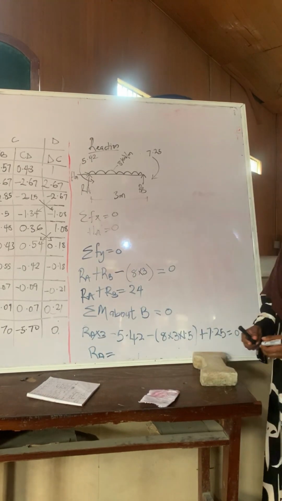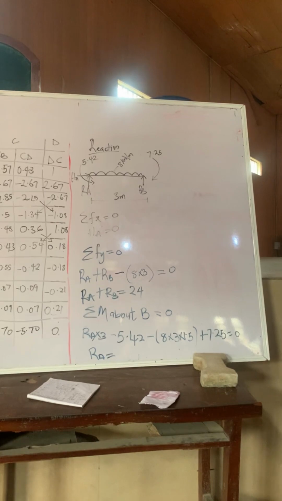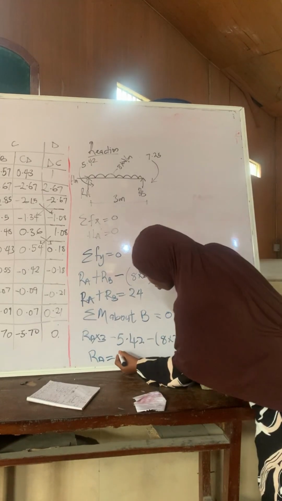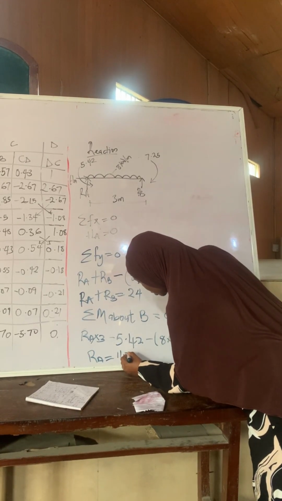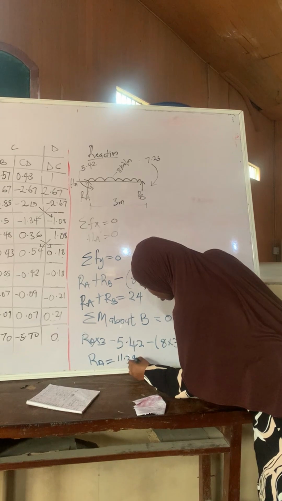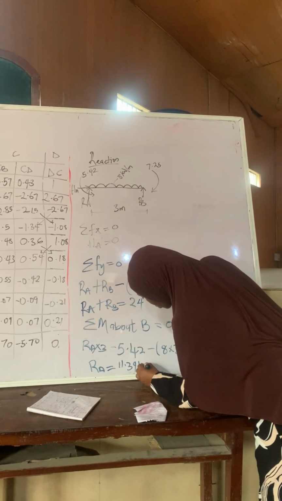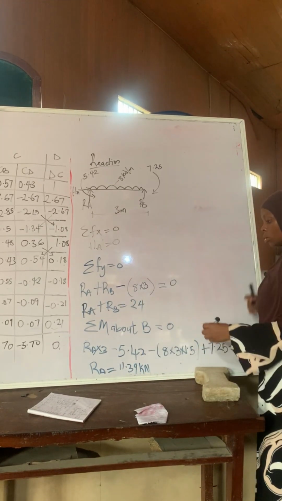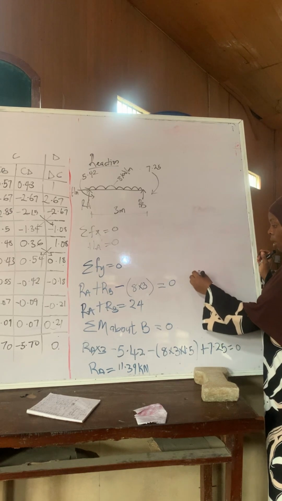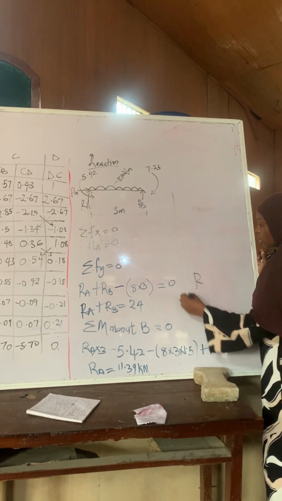Can someone tell me the answer for our RA? 11.39. Thank you. 11.39 kilonewton. So you can have your RB. Our RB in this case, let me just draw a line.